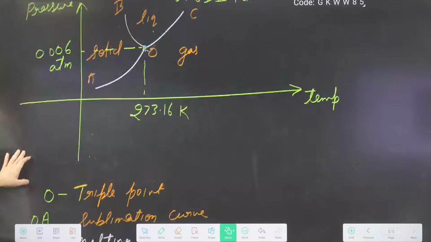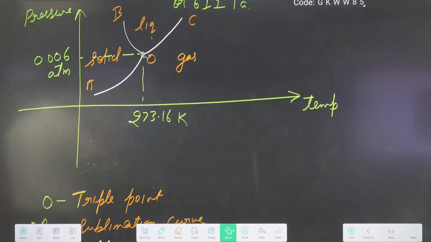Now I am asking which state will occur, or which process will be favorable, or which process will occur. I repeat again: water is at the triple point, I maintain the temperature constant, pressure increases. Then which process will occur?